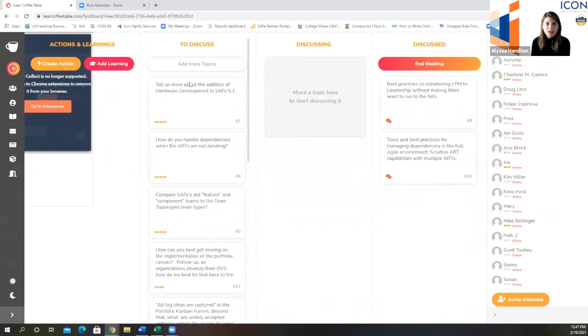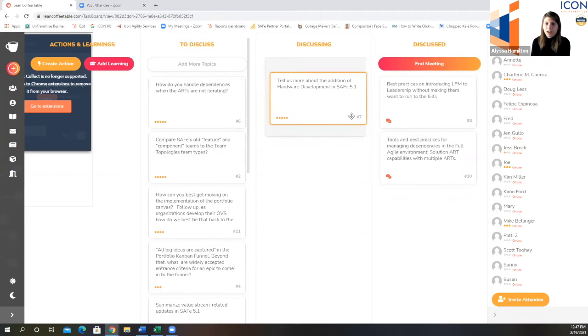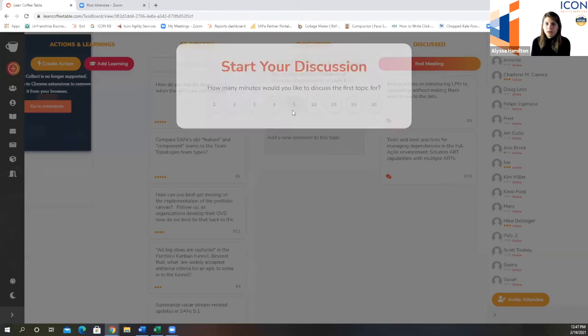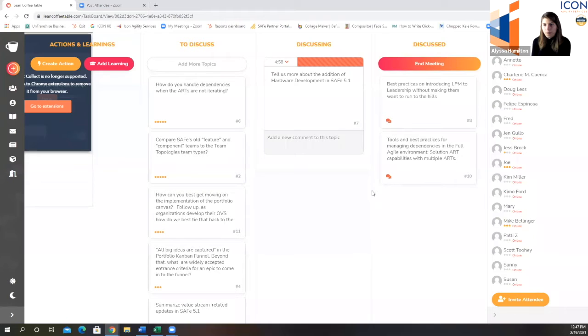And our next topic is: tell us more about the addition of hardware development in SAFe 5.1. Yeah, I could get us started with this topic. From a SAFe perspective, the addition of hardware development is not new to SAFe.